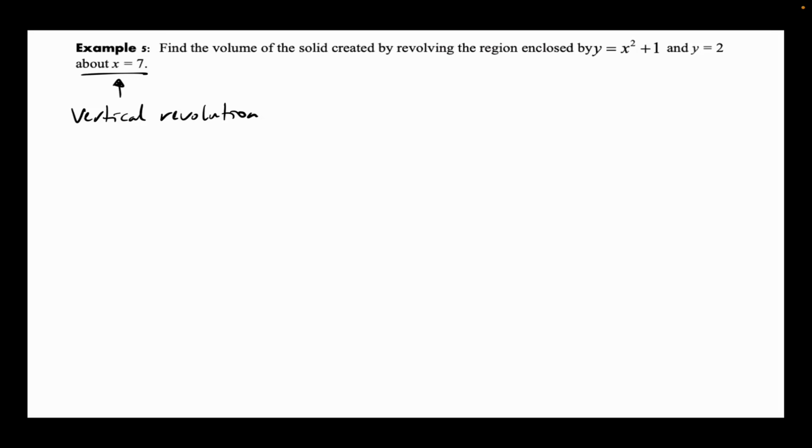So let me draw a picture here. It's the same picture you guys have been drawing. The only difference is the axis of revolution is not below it, it is to the right of it. So we got 1, 2, 3, 4, 5, 6, 7. 1, 2, 3, 4, 1, 2.